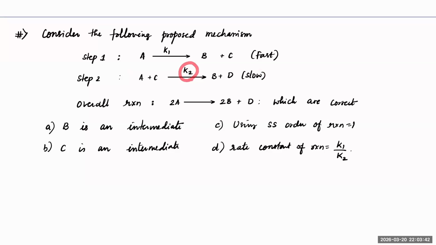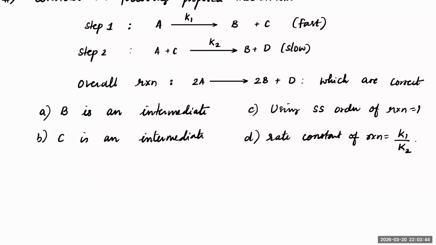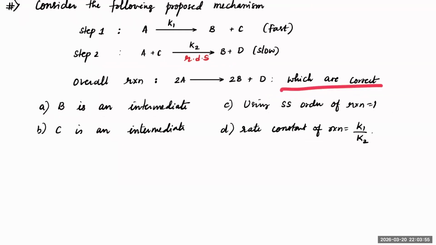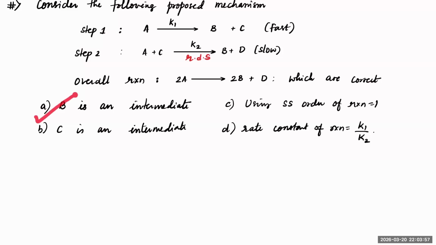So K2 is the rate determining step, correct? As per the question, this should be the rate determining step. And overall, 2A is equal to 2B plus D. Now the question was asked like this. This was a JEE question only. B is an intermediate using steady state approximation. The order is 1. C is an intermediate. Rate constant is K1 by K2.